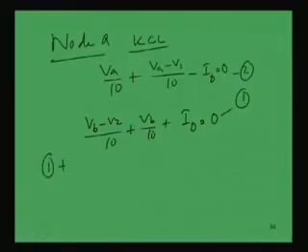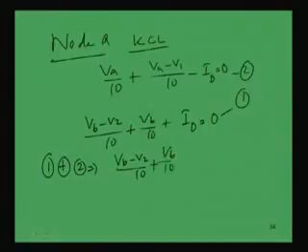Summing up 1 and 2, I get VB minus V2 by 10 plus VB by 10, plus VA by 10 plus VA minus V1 by 10 equal to 0, where the ID terms cancel.